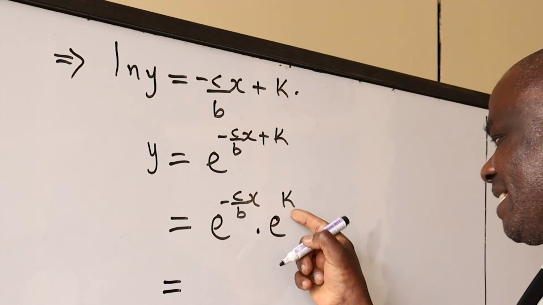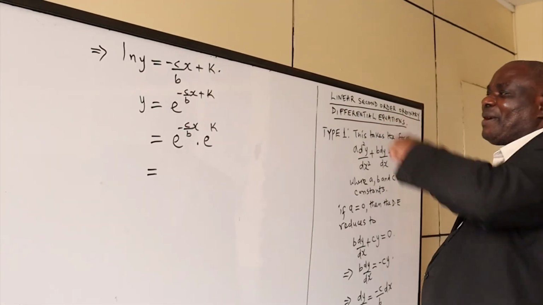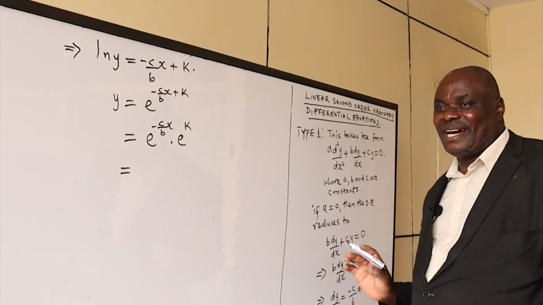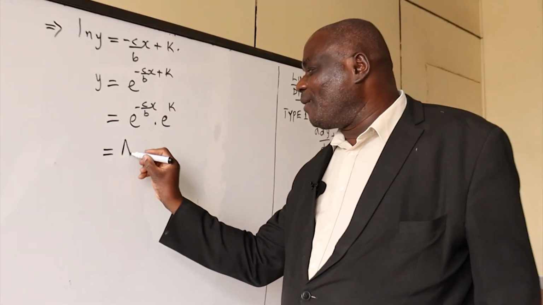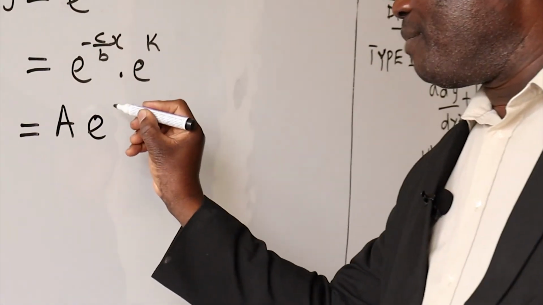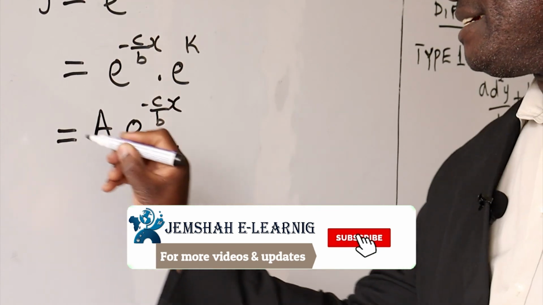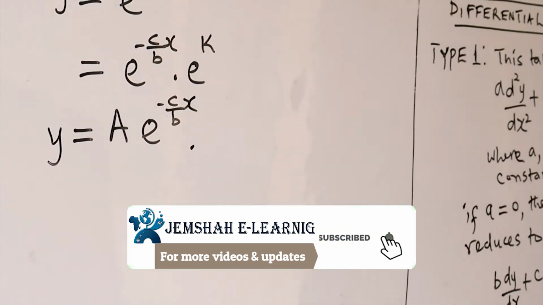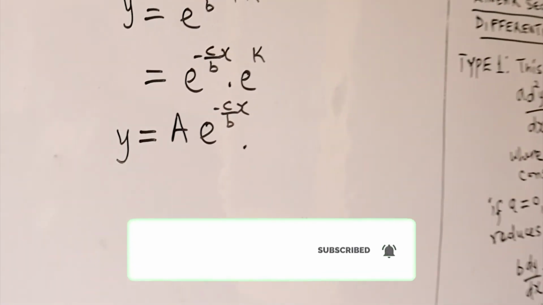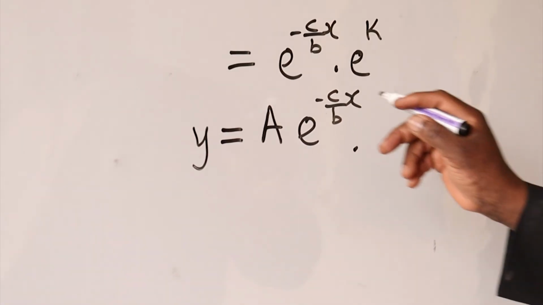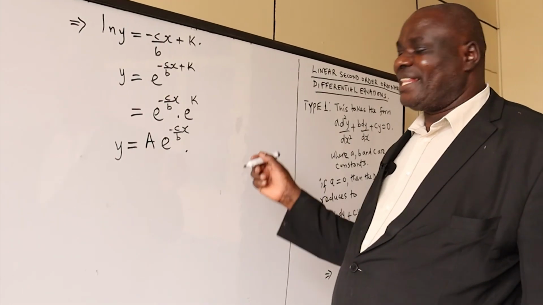Now, K is a constant, and an exponential of a constant is also a constant. So e power K can be replaced by another constant, which we can call A, e power minus C all over B multiplying x. So y is equal to that. Now, minus C all over B is just another constant, and we can give it another name.